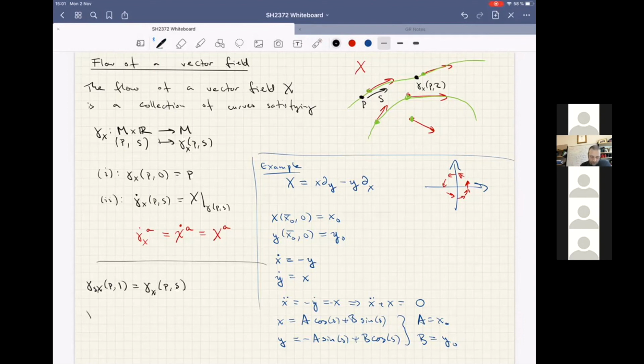Because this 1 here is a constant, it's not really a parameter, we can just write gamma sX of p. This is a function from M to itself. And this is going to be particularly useful when we start defining derivatives.